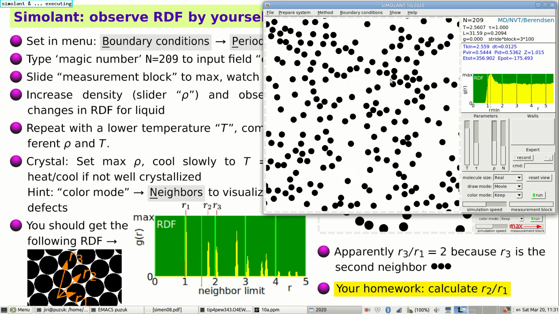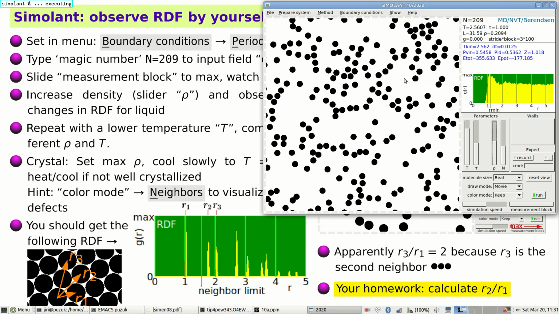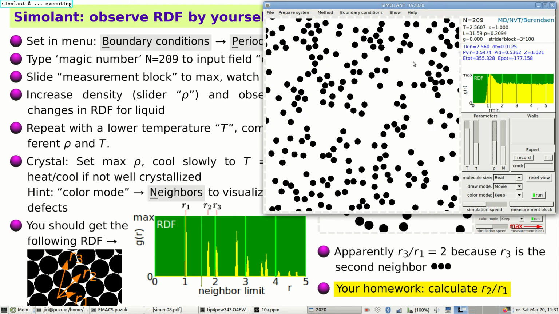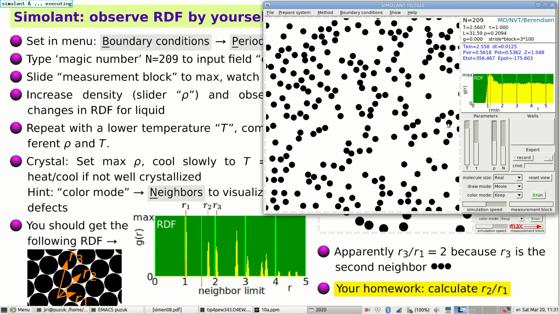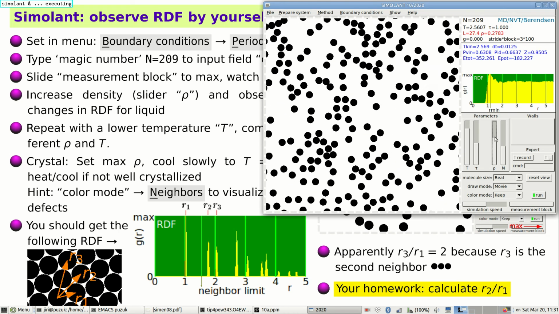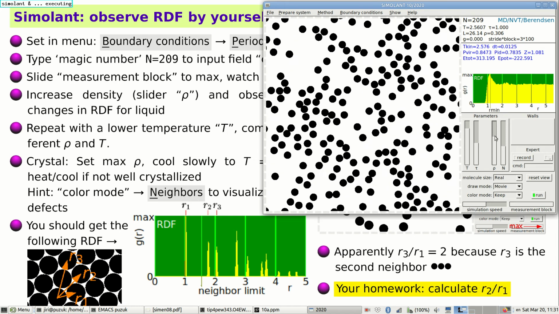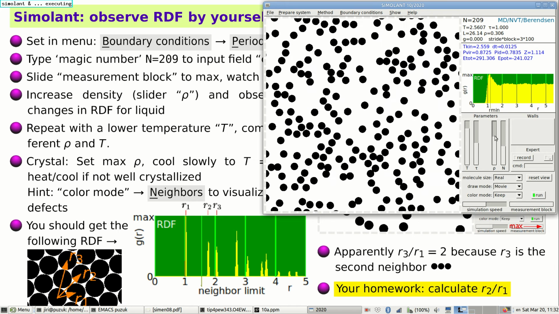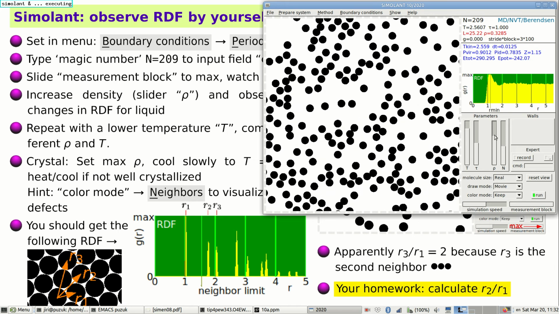It looks like I am increasing the size of particles, but actually I am decreasing the box, and I'm showing it as if the box has the same volume. That is, this means that I'm decreasing volume and showing it in the same area on the screen.